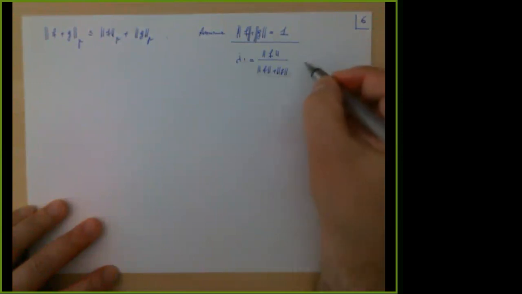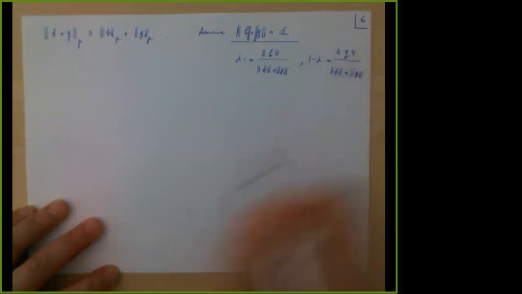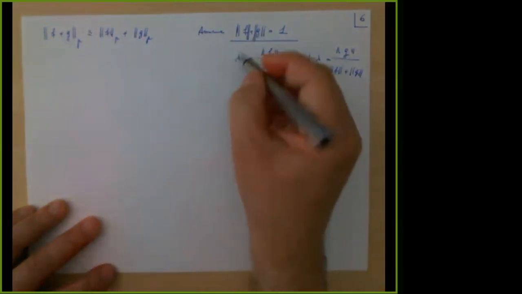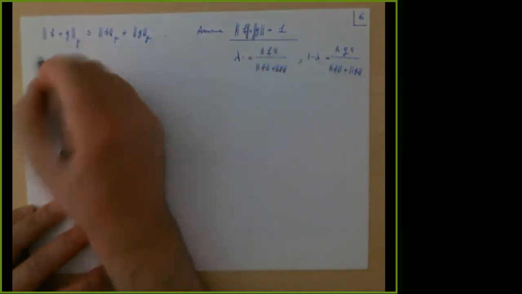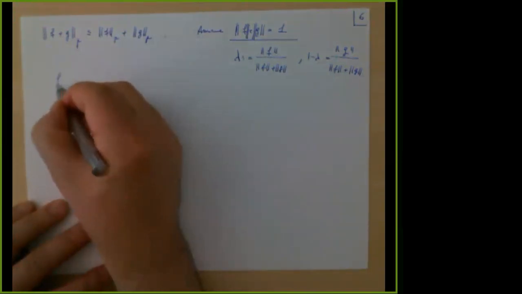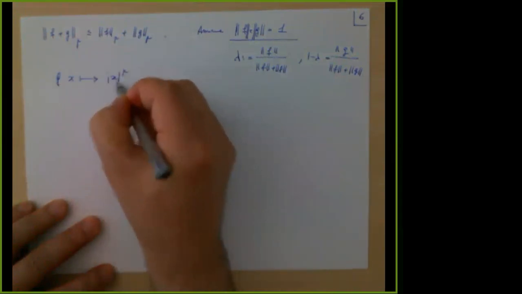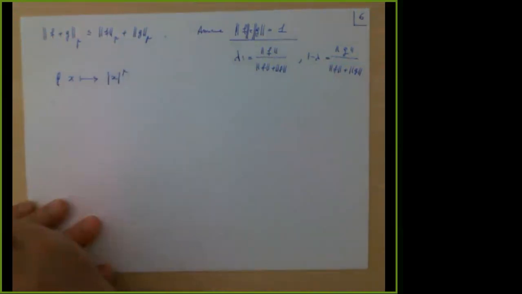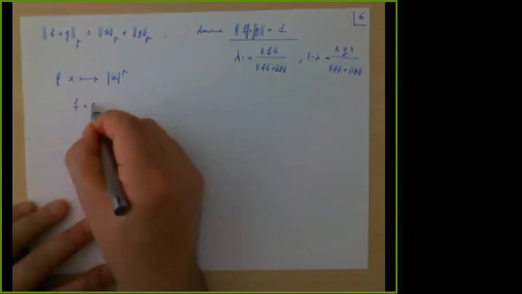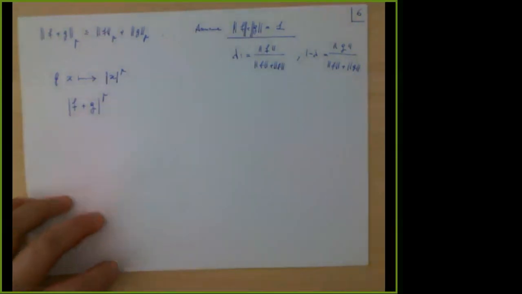And of course, you immediately see from this that 1 minus lambda is nothing else than g over f plus g. And now we should be able to take into account the convexity of the function. The function x to the power p is convex, and we should exploit this somehow when we take it pointwise on f plus g to the power p.